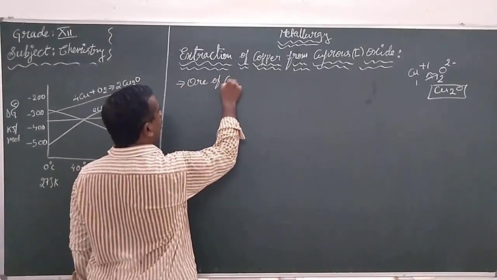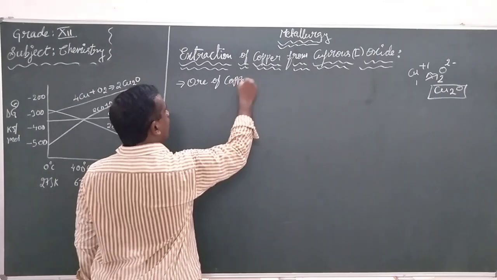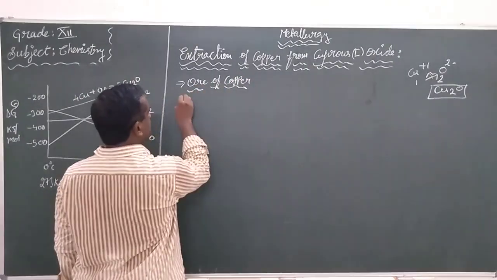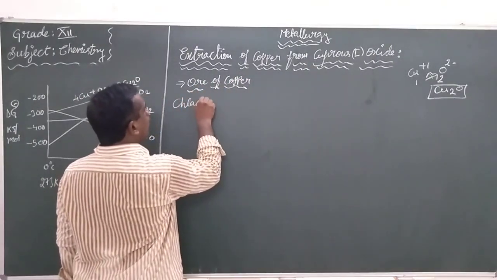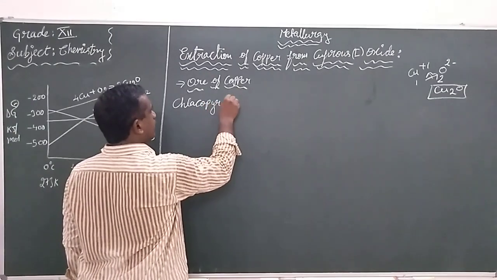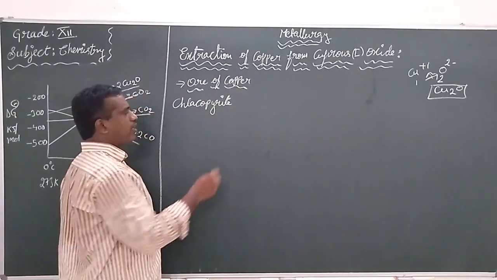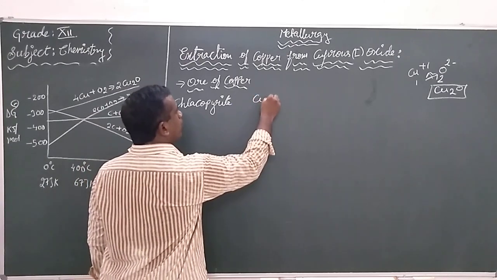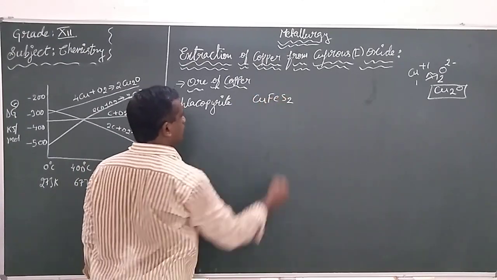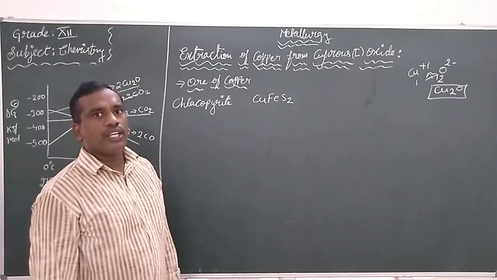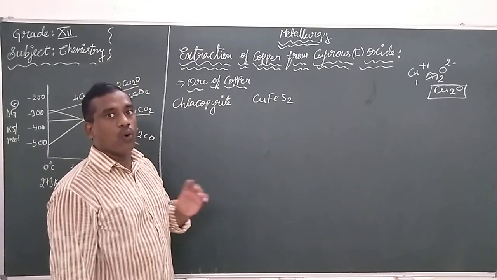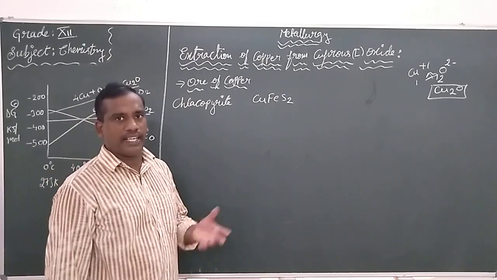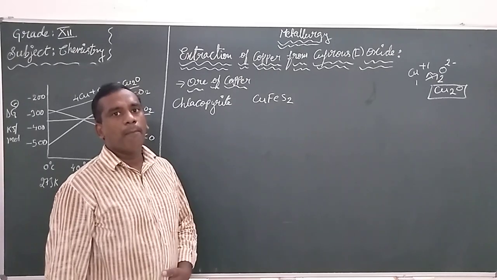The ore of copper is chalcopyrite, CuFeS2. We can call this copper pyrite.